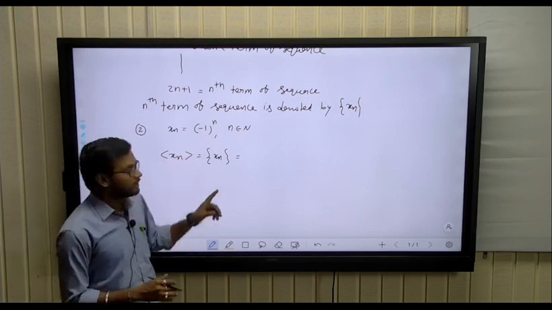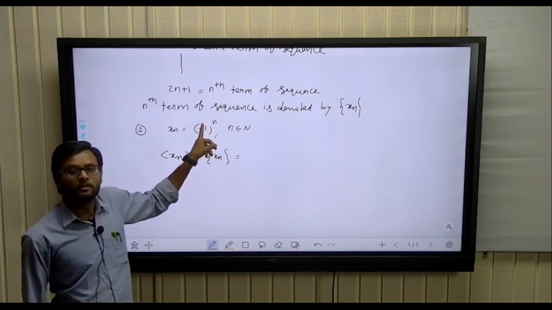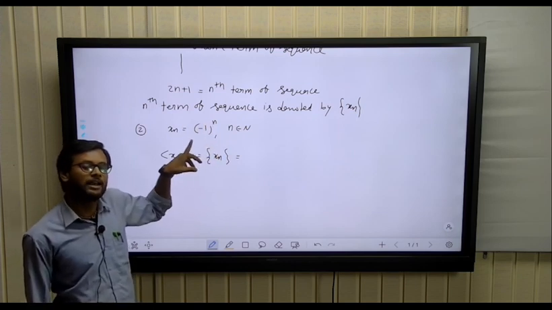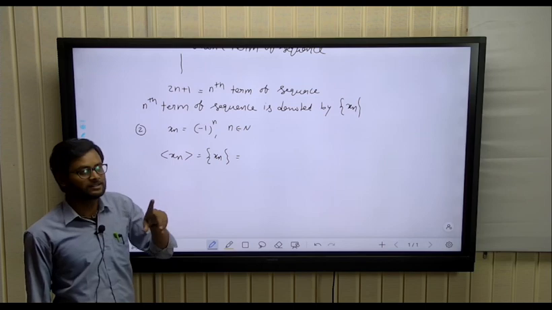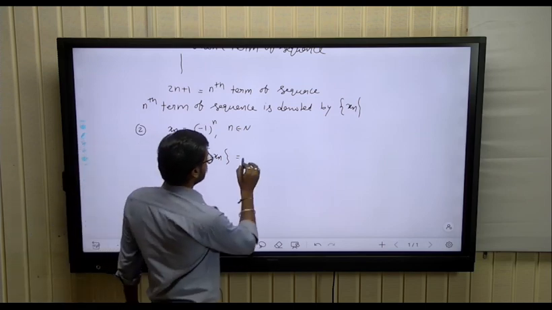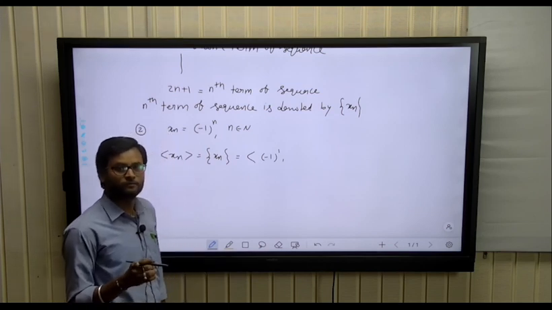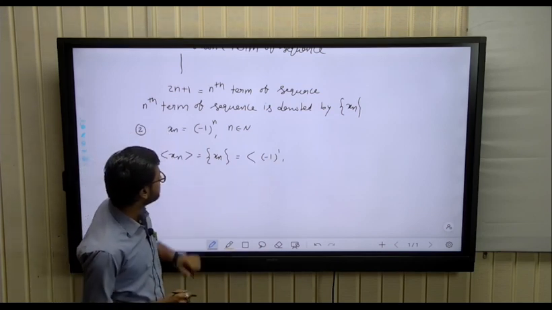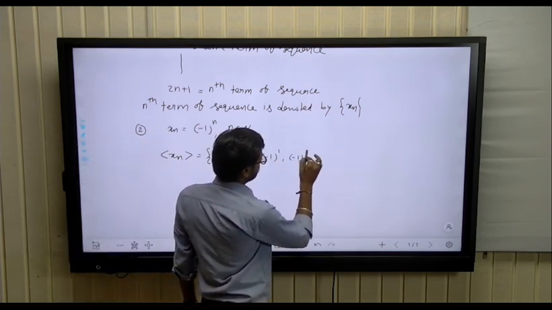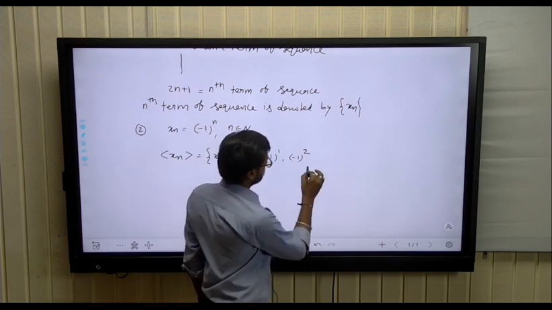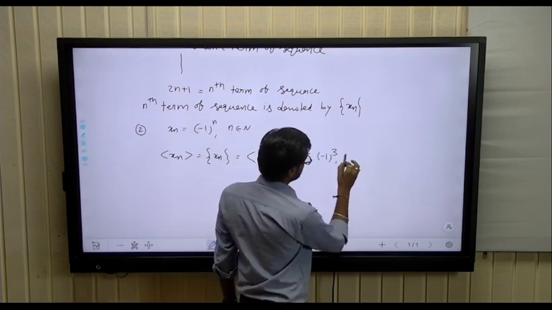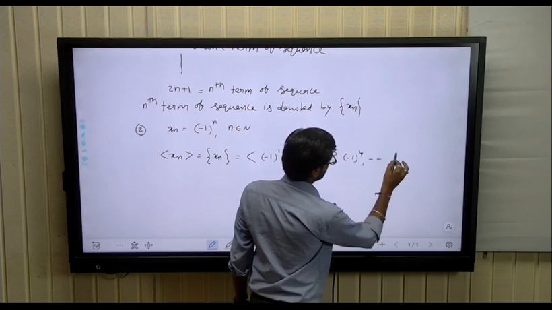If we know that n is from the natural numbers, then it starts from 1. So the term is (-1) to the power 1, because n comes from the natural numbers, so n is equal to 1, and then (-1) to the power 2. These are the terms of the sequence, and so on.